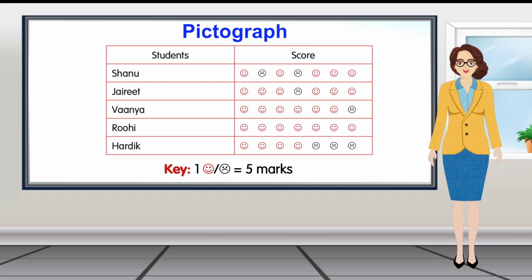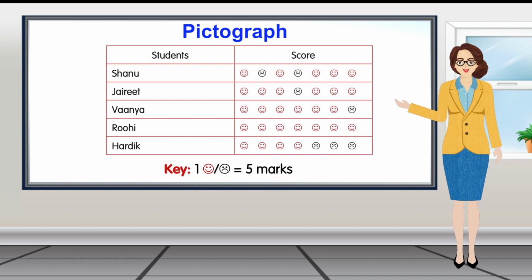The key shows that each smiley emoji represents a correct answer of 5 marks, and each sad emoji represents a wrong answer. From the pictograph, we can observe that out of 7 questions, Shanu has answered 5 questions correctly and 2 questions wrong.